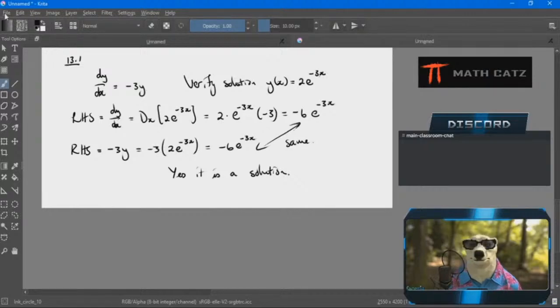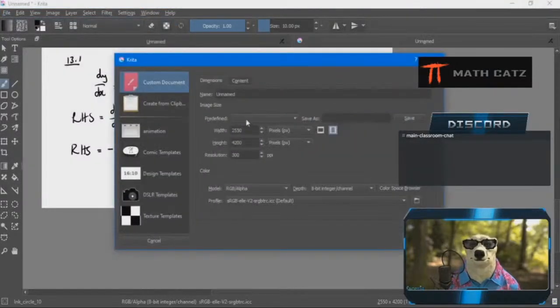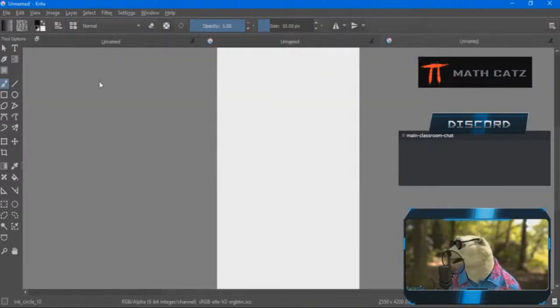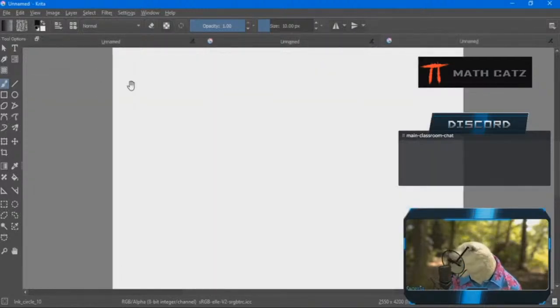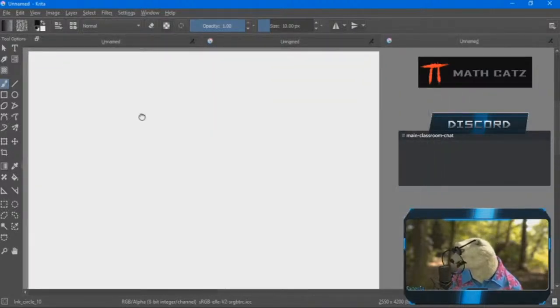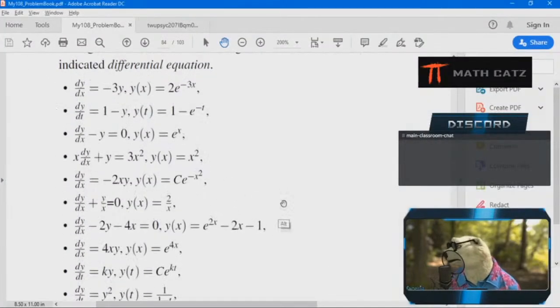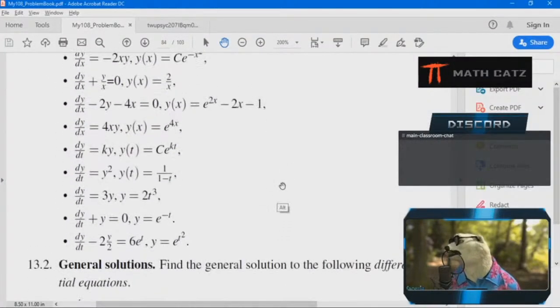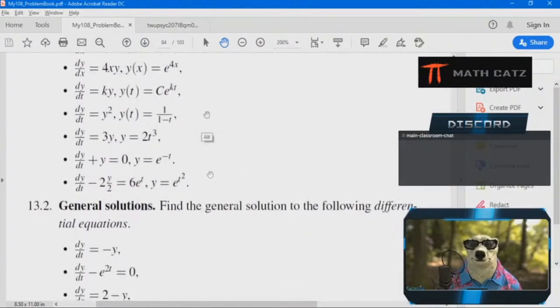All right, let's do one more, and let's look at something a little bit more complicated, perhaps. Not much, but let's try this one.